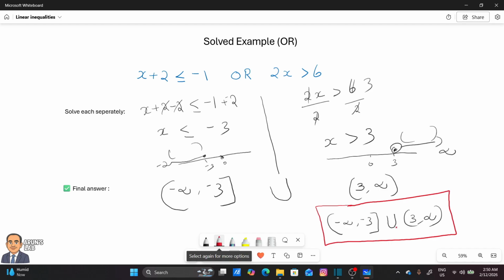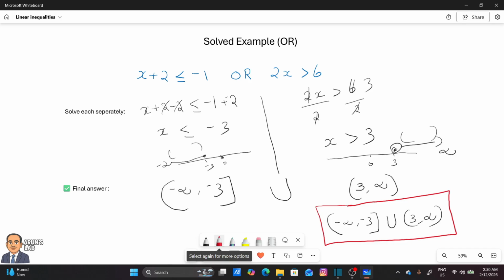So what does this mean? It means the values of x lie between minus infinity and minus 3, and also between 3 and infinity. Any value from these two sets that we put in the original inequality satisfies at least one of the inequalities, so we can consider it.